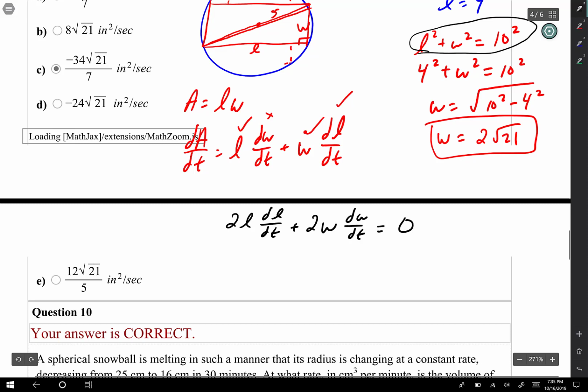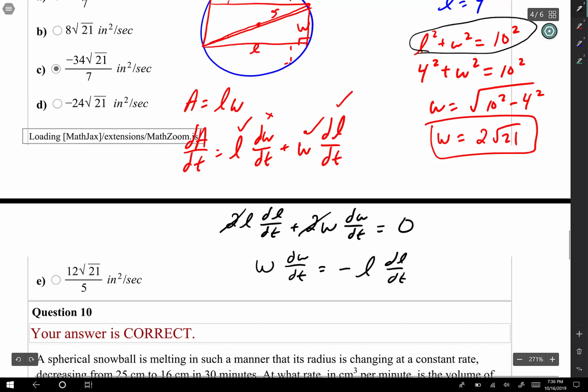I can factor out a 2, so the 2's cancel out anyway, because 0 divided by 2 is 0. Then I'm going to move the L dL/dt, so W dW/dt equals negative L dL/dt.